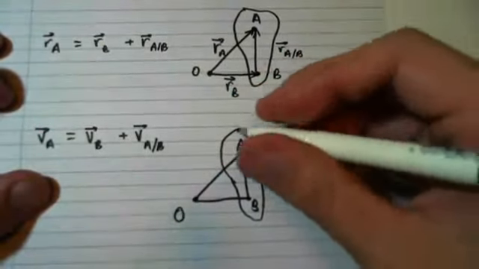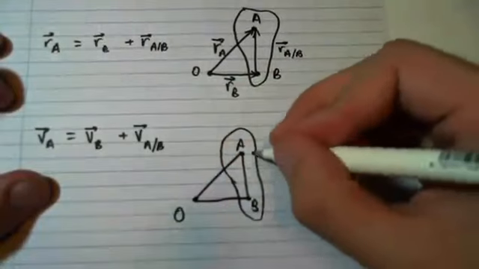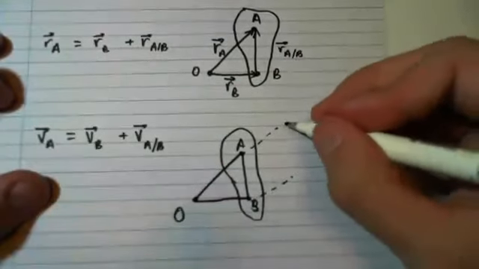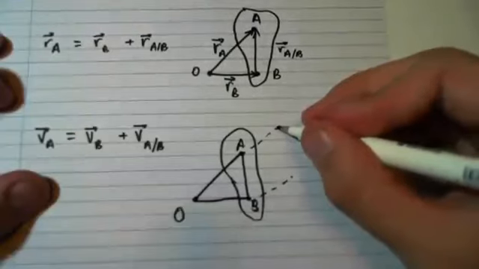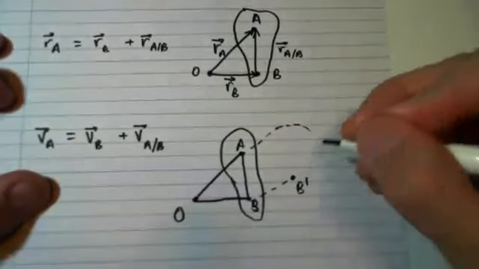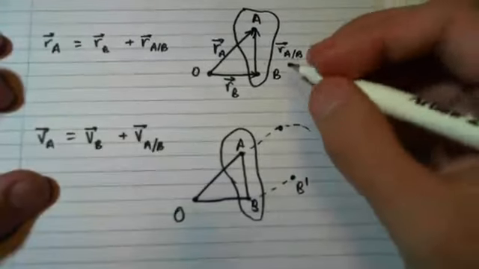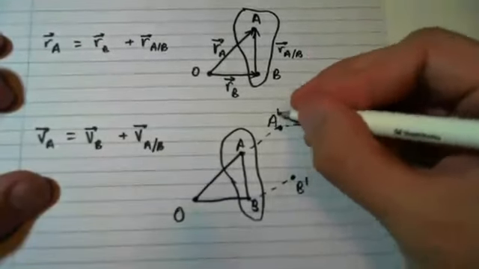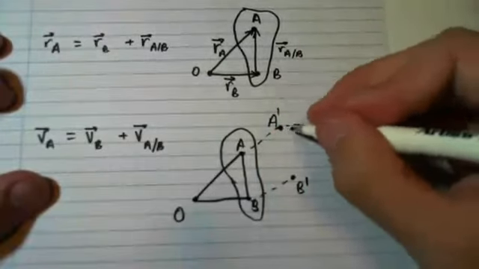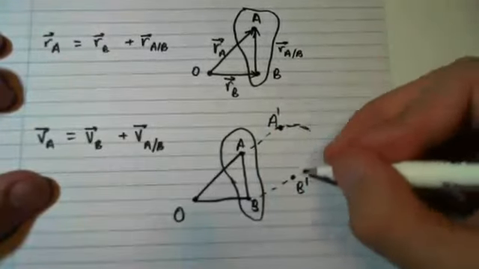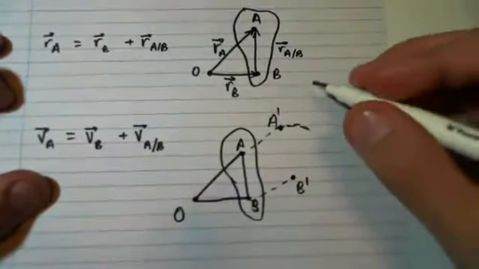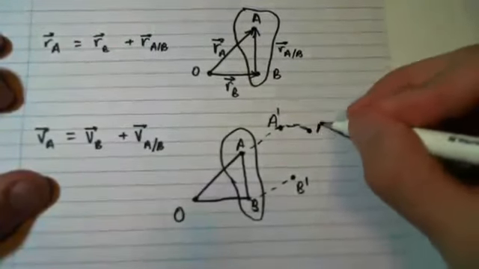And this body wants to translate across to here and then rotate like so about point B dash. So we'll label this B dash. This is where B has gone from its initial position. This is A dash, where A has gone from its initial position, and the body is then to rotate about this fixed position once it gets to here, and we'll end up with a point at A double dash.